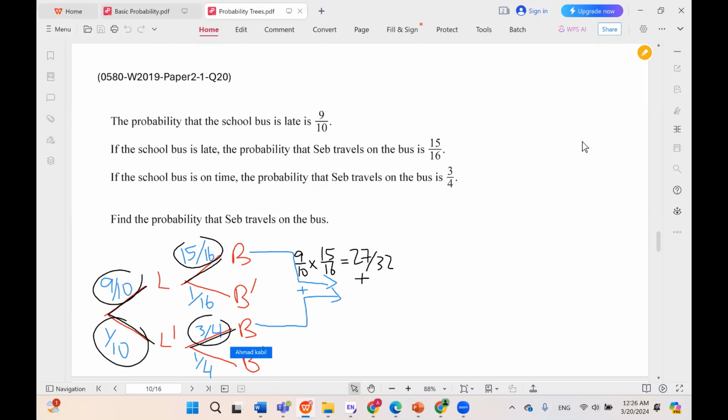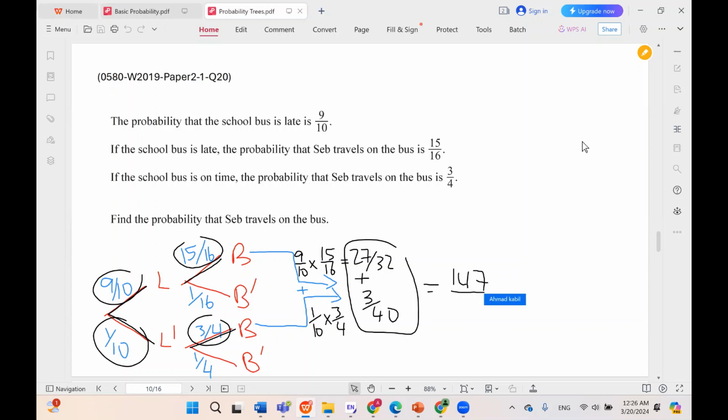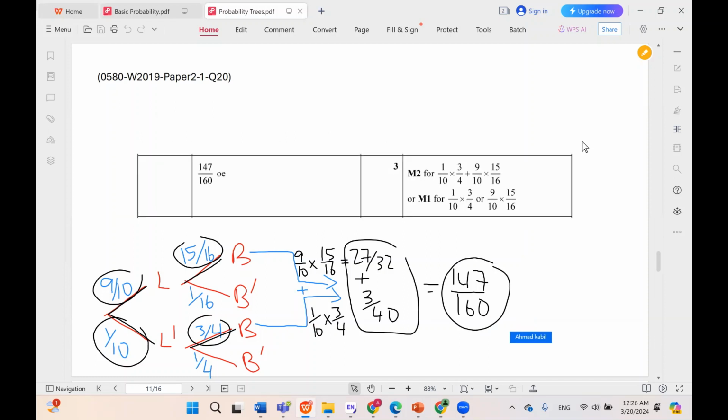So 1/10 times 3/4. And this gives us 3/40. So we add these two together, and we get a final answer of 147 divided by 160. And this is the correct final answer here.